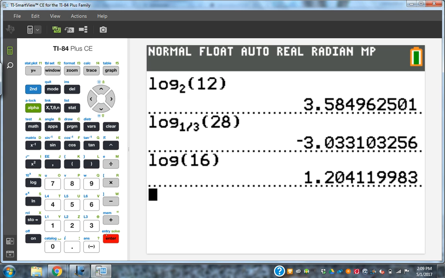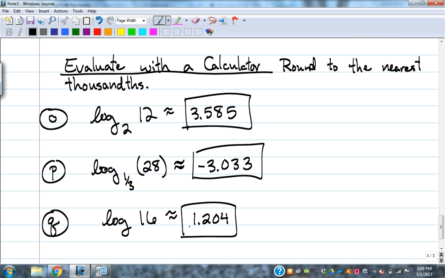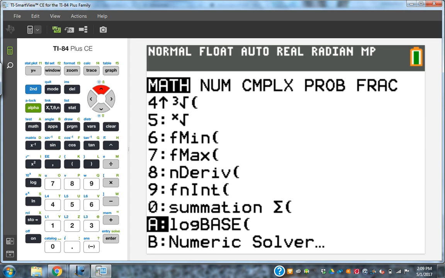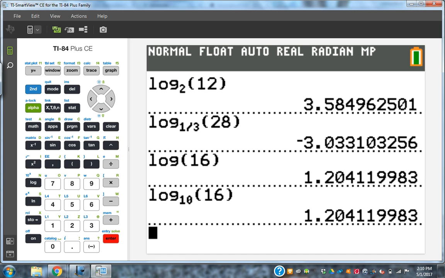Because that's log base 10. And then just round it to the right spot. If you did, for some reason, forget and go and hit math and go log base, and then you typed in the 10 and then the 16, you'd get the exact same answer. But you don't have to go through all of that button pushing when you have a log base 10.